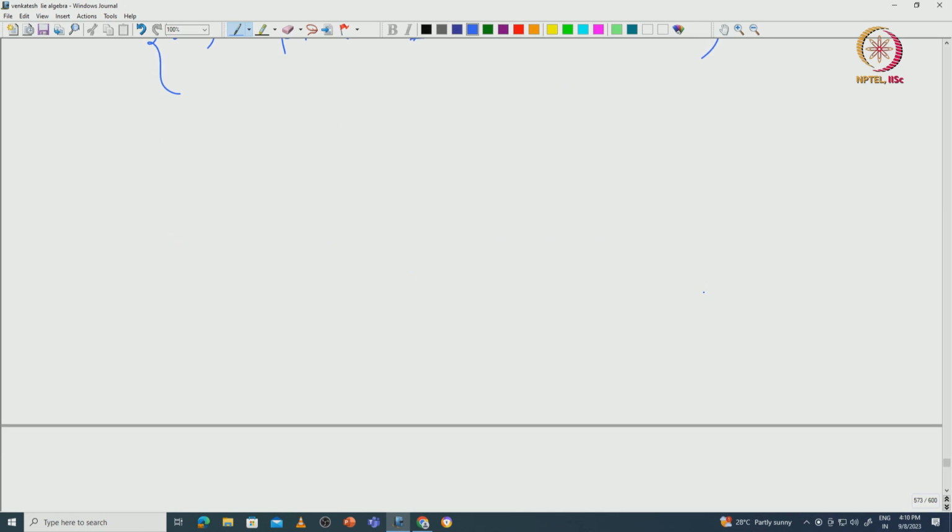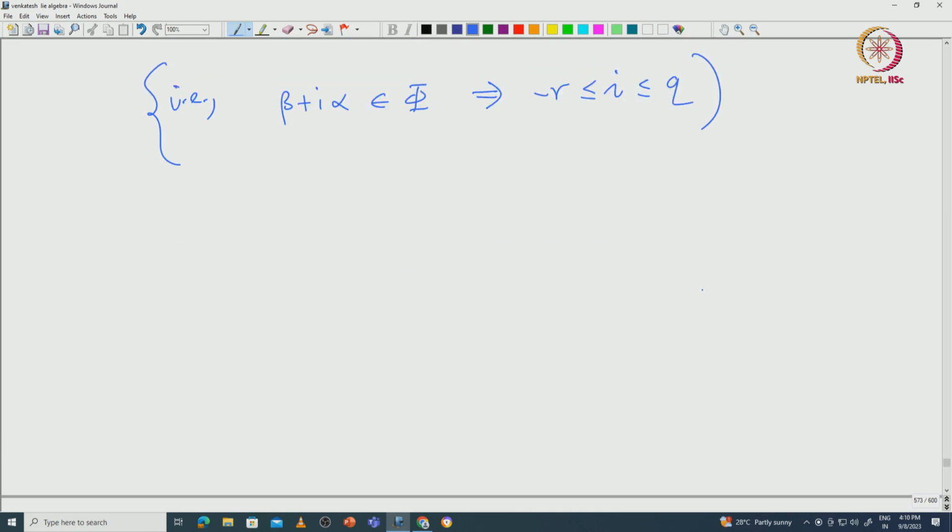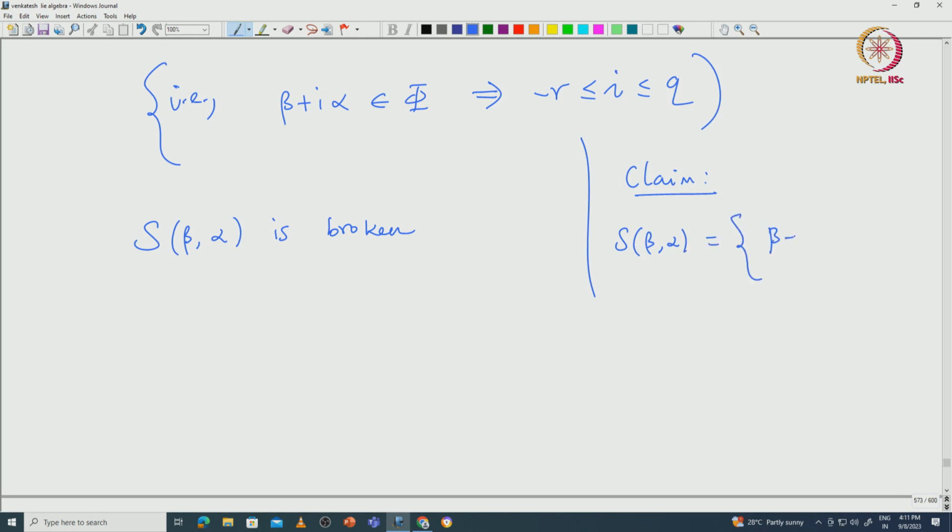Now, for some reason let us say this S of beta, alpha is broken. What is the meaning of that? Our claim is that S of beta, alpha is exactly equal to beta plus Q alpha, beta plus (Q minus 1) alpha, all the way to beta minus R alpha. If this claim is not true, that means S of beta, alpha is broken.